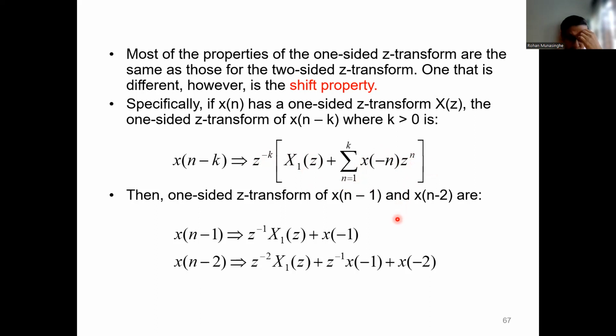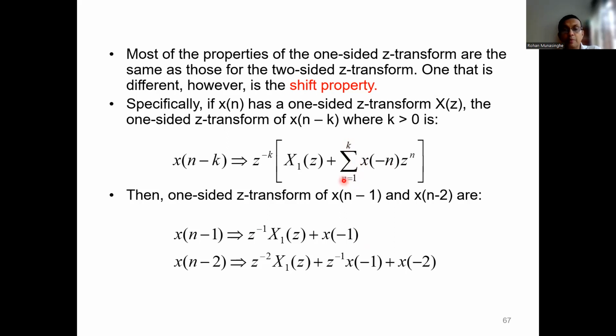Now, to help you understand this theorem, let's take a one step shift. Only one step shift, which in that case is k equals 1. So it is x[n minus 1]. So you have the time sequence, shifted by one step. If you look at the theorem over here, k is 1. It will be z to the minus 1 X(z) plus x of minus 1, because k equals 1 actually.